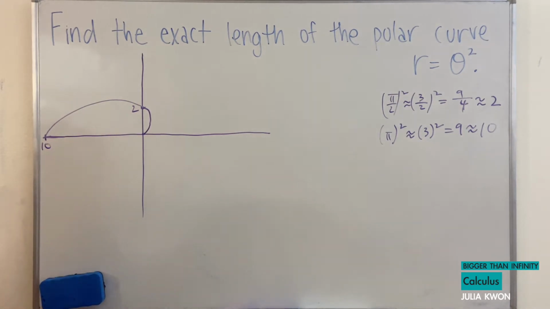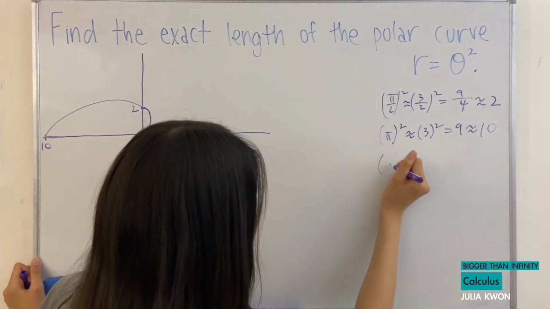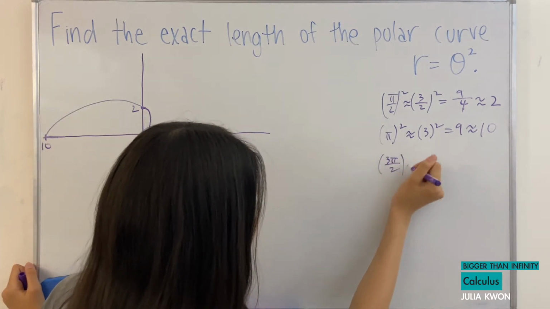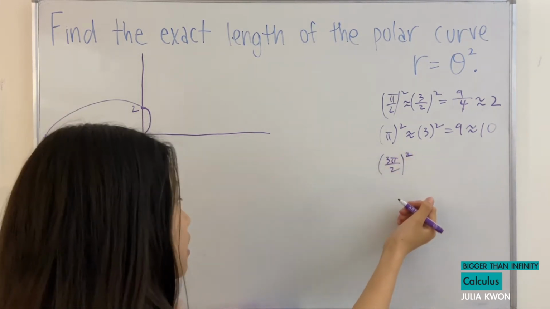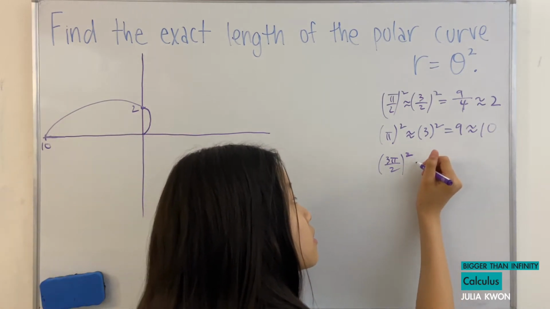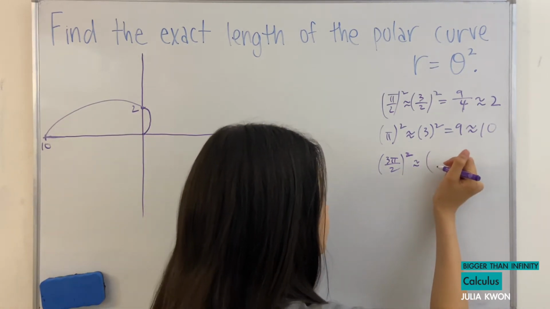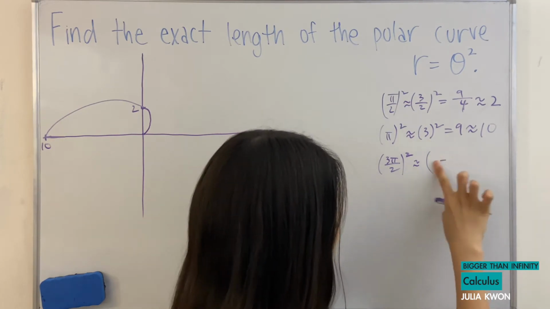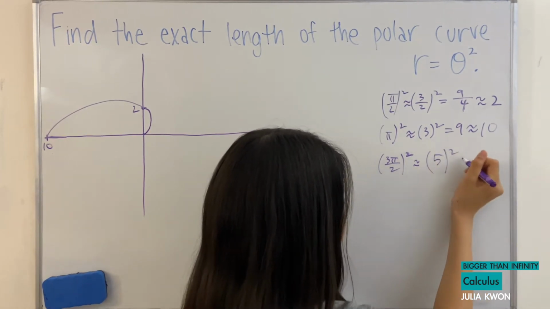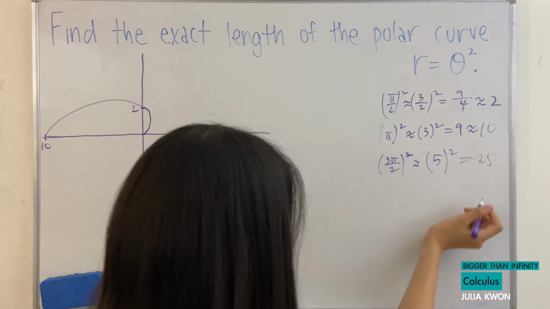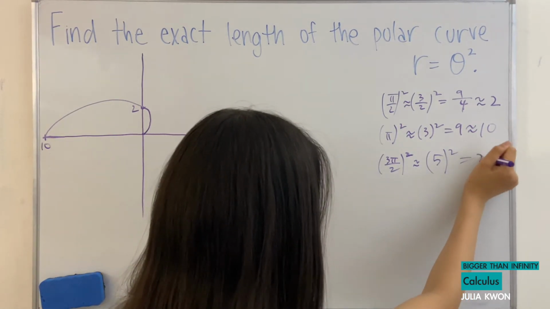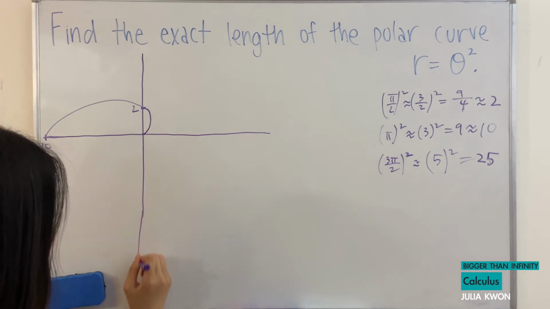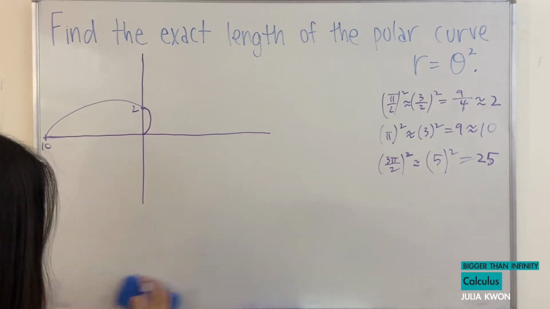And then when theta is equal to 3 pi over 2, we square that. Let's say that this is approximately 10 over 2, which is like 5. So let's just say that this is 25, approximately. Then that will be all the way down here, right? Way down.